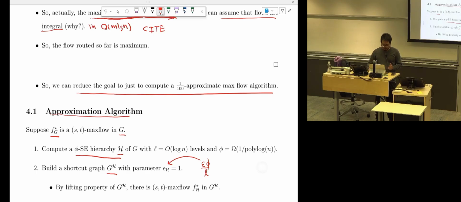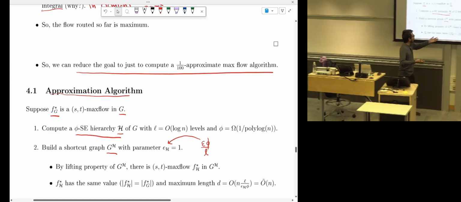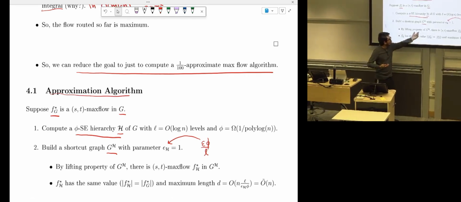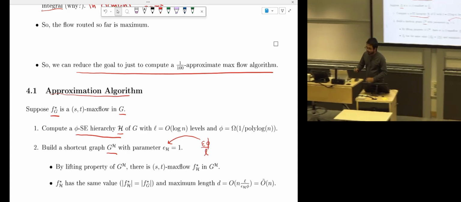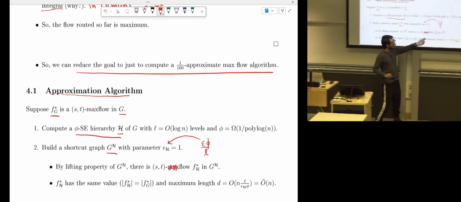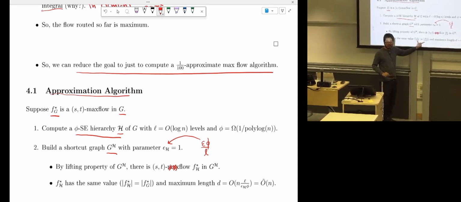And by the fact that this shortcut graph has this lifting property, I know that there exists, not max flow, there exists an ST flow in the shortcut graph that routes the same value as the maximum flow.